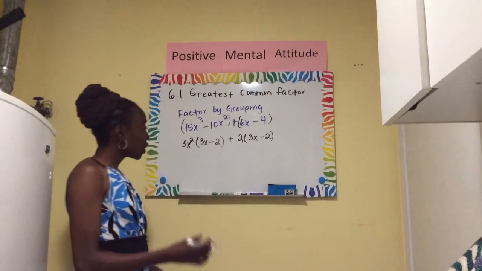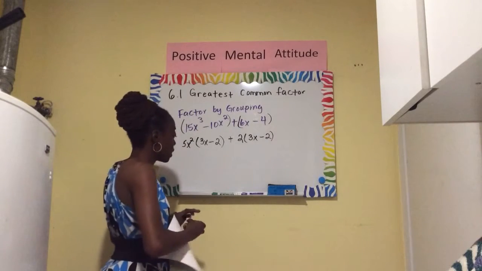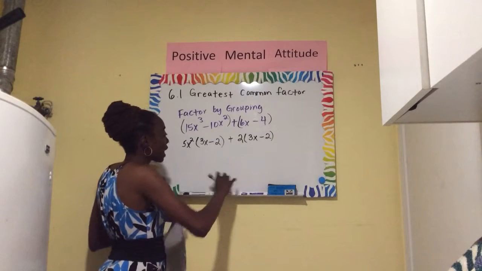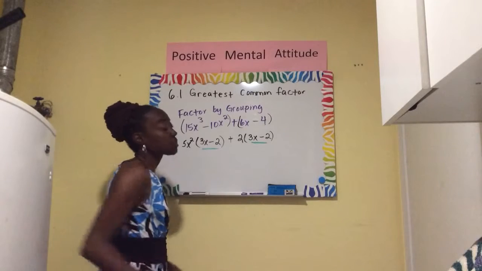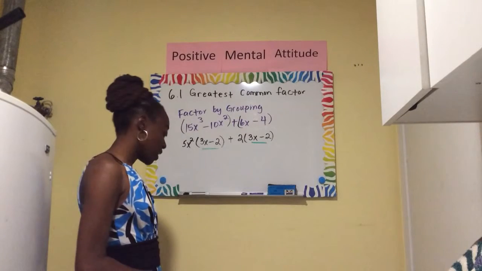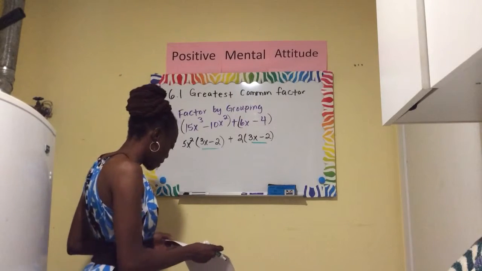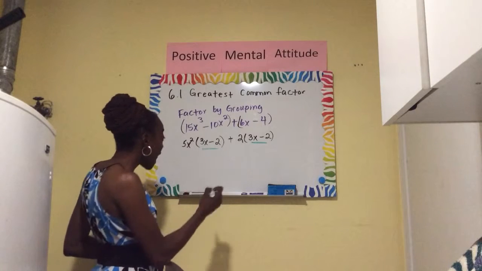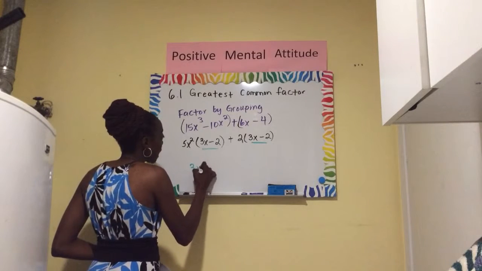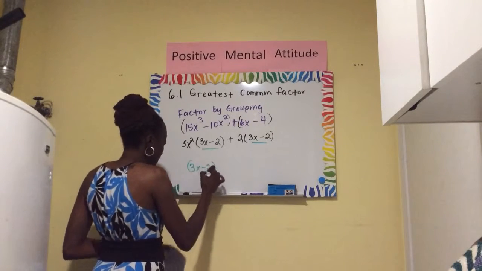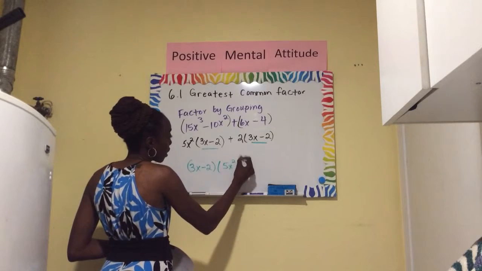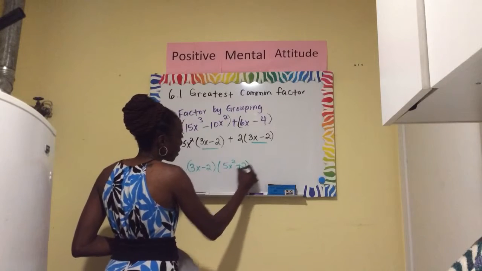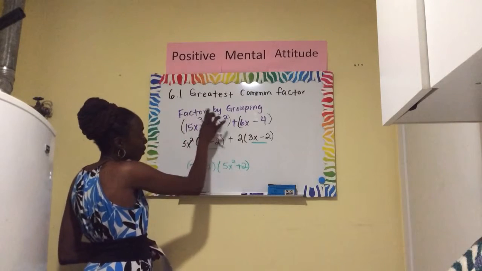Now you see that in parentheses I have a 3x minus 2 and a 3x minus 2. That is what I have in common now. So my final answer would be 3x minus 2 times 5x squared plus 2. And that is how you factor by grouping.